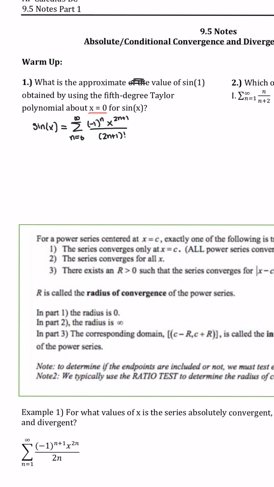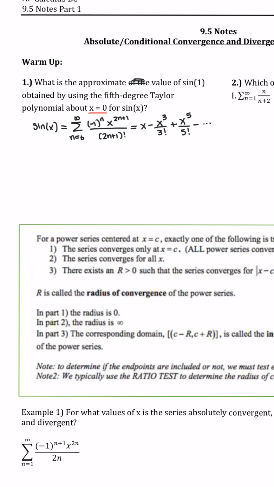So if I write a few terms out, if I plug in n equals 0, I would end up with just an x. If I plug in n equals 1, I would have a negative x cubed over 3 factorial. And if I plug in n equals 2, I would have plus x to the fifth over 5 factorial. In order to keep my equal sign, I need to put minus dot dot dot here.